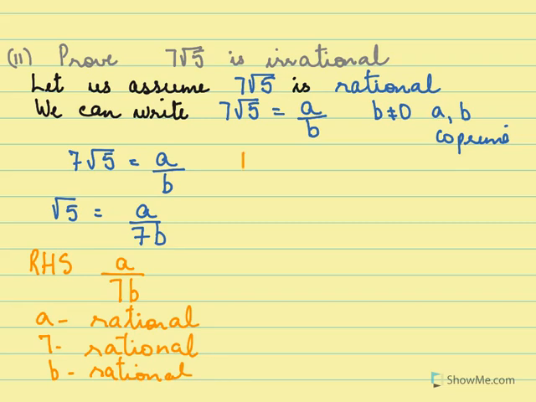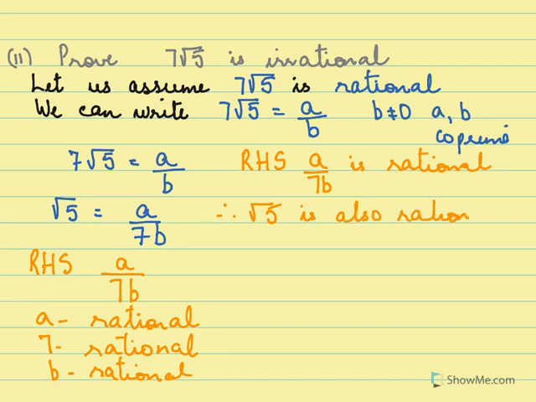And b is also rational. So the entire right hand side, which is a over 7b, is rational. But a over 7b equal to under root 5. So now we can say that under root 5 is also rational, because they are equal.